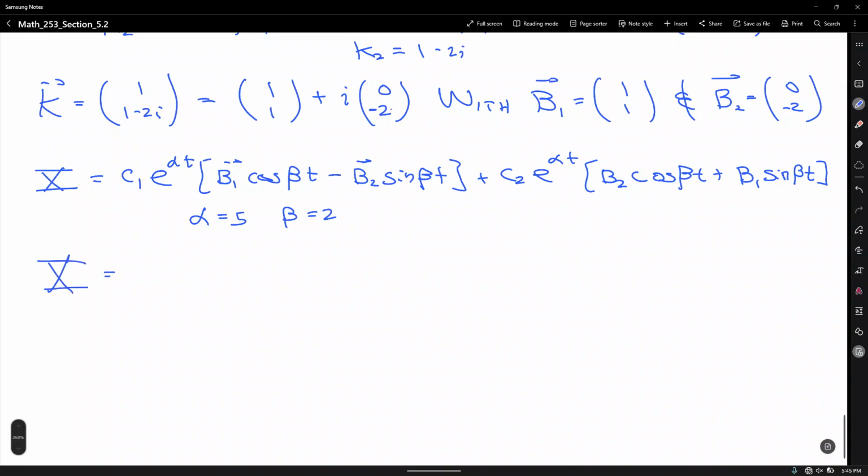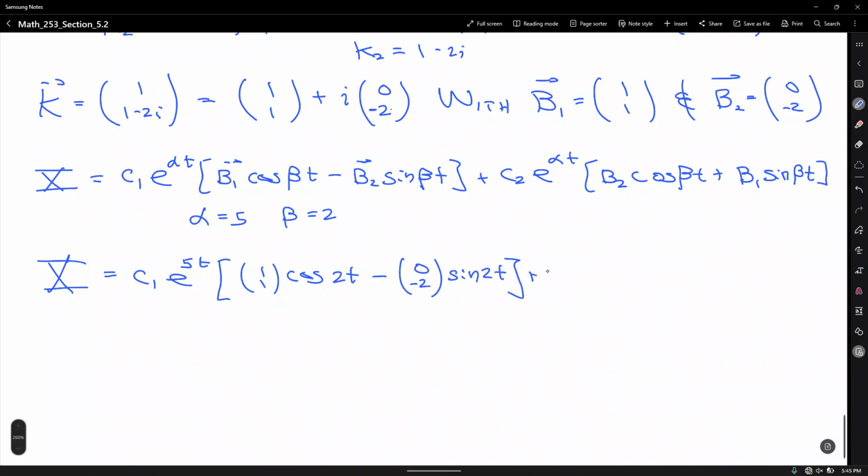The solution set would be C1 e to the 5t, b1 which is 1, 1, cosine of beta t, that's 2t, minus b2, which is 0, negative 2, and sine 2t.